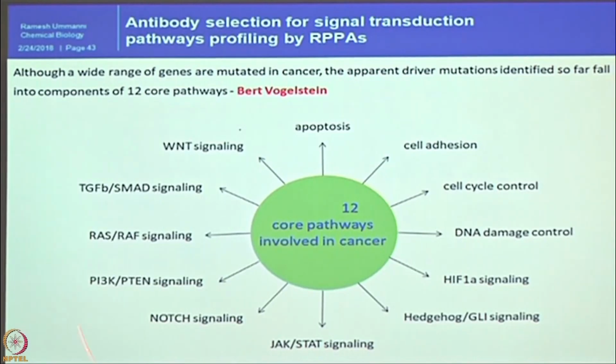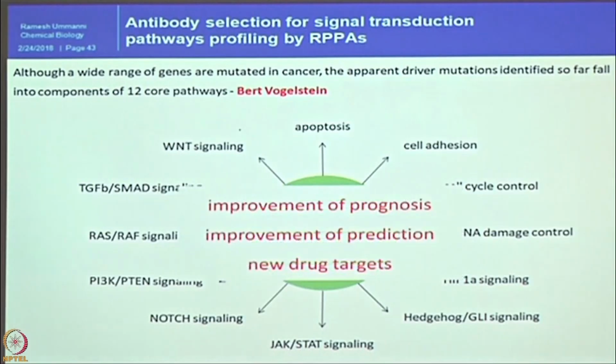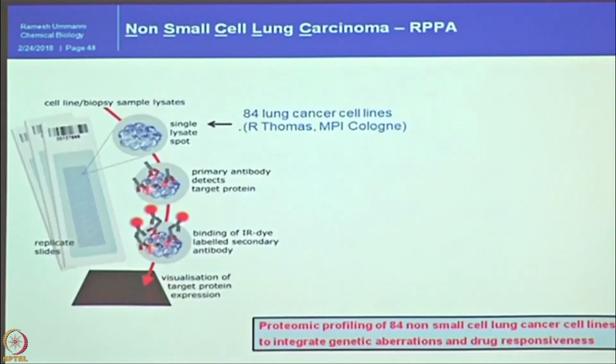So if you analyze the activation or inactivation of these pathways in lung cancer patients, based on the activation status you can choose the drug to be given to the patient. This was the motto. We arranged a panel of antibodies measuring the activation status of these pathways to proceed forward.